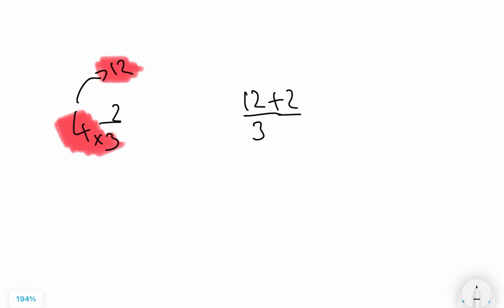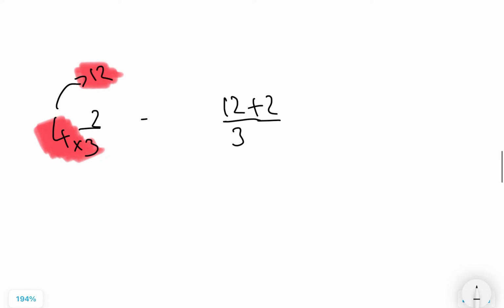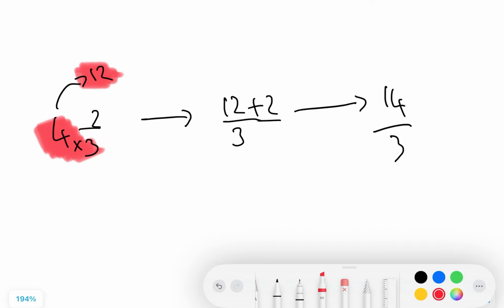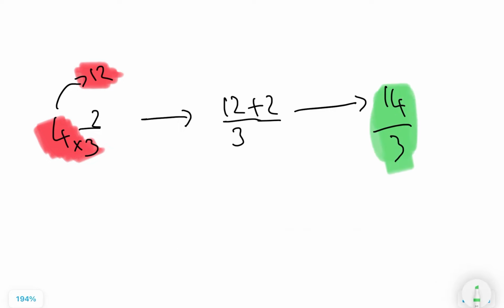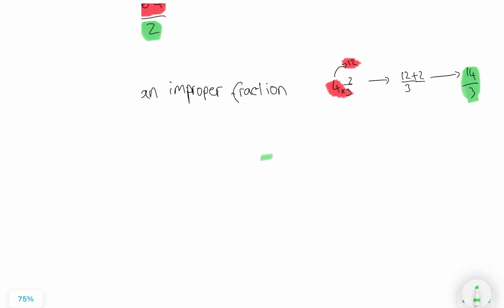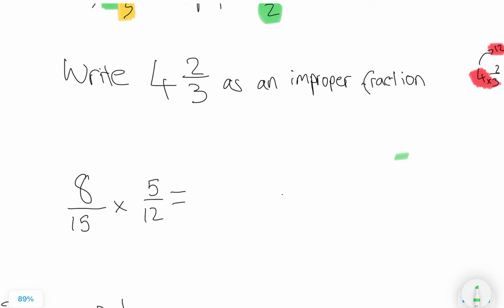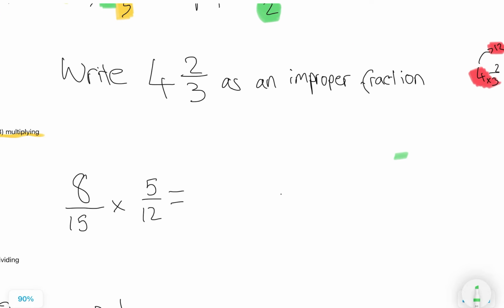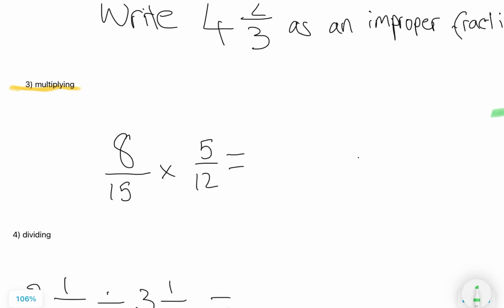So we get 12 plus 2 over 3, and that gives us 14 over 3, which is our answer. So that is how you do it. You basically multiply the denominator with the whole number, and then the number that you get, you add that to the top number, and you keep the denominator.